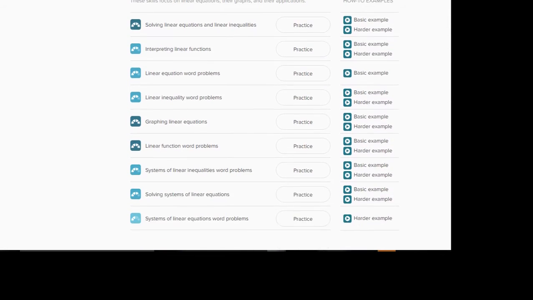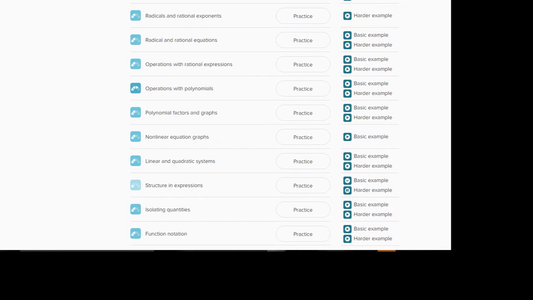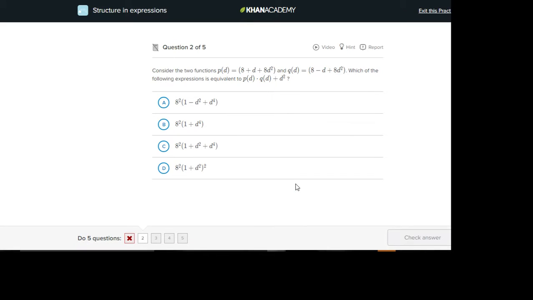I guess we need to find the structural one here. Okay, so I want you to click on find structure in expressions. Do you see that? Yes. Click on practice. Okay. And we'll deal with that first question that you got wrong later after we do this.